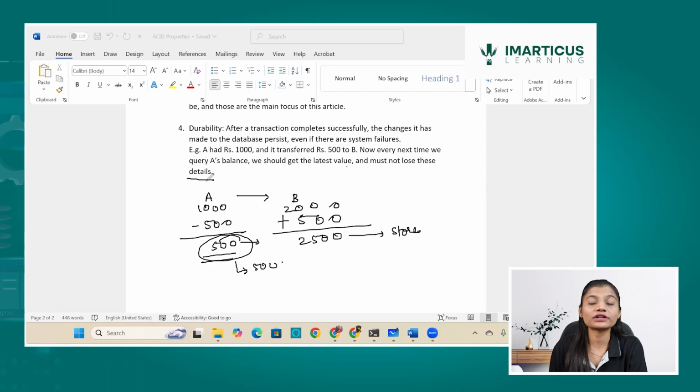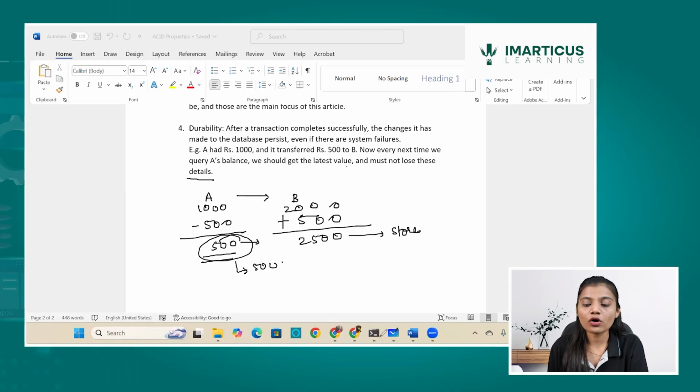I don't want to lose the details of how the money was transferred, and for that it will be kept in the database history of that particular bank or system, so that I can get it back whenever required. And that is the meaning of durability, which means long lasting. All the transactions are long lasting and they will be maintained within a database.